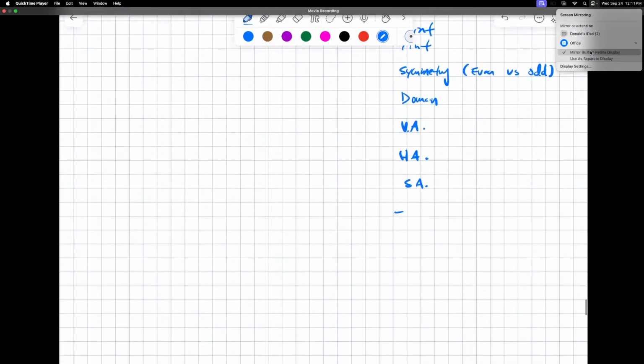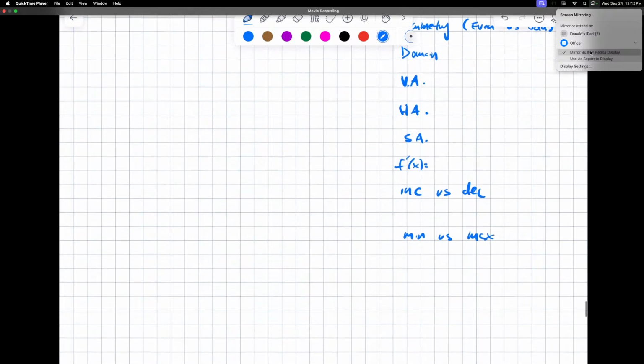From the f prime of x, you have to write down what f prime of x is, and you're gonna find out increasing versus decreasing, min versus max, and there's concave up versus down, and there's an inflection point.